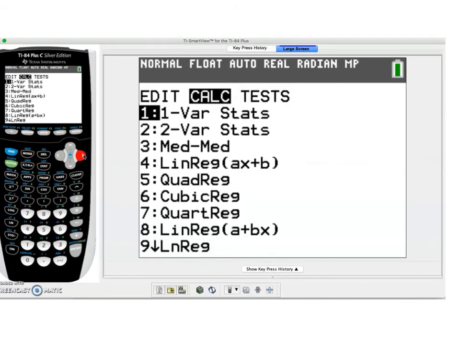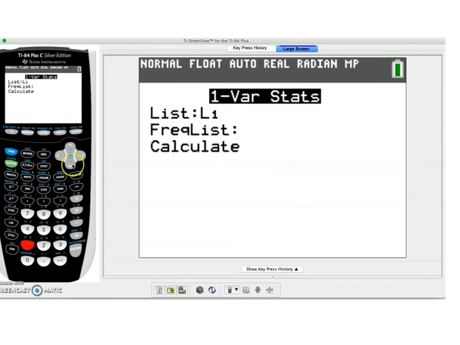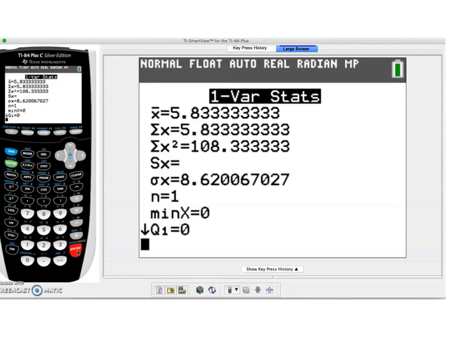So stat calc and one variable stat, and you put L1, but then your frequency is L2, where you put the probabilities. And now I run calculate, and here it is. My mean is 5.83, and my standard deviation is 8.62. That's the two values I got when I did it by hand.